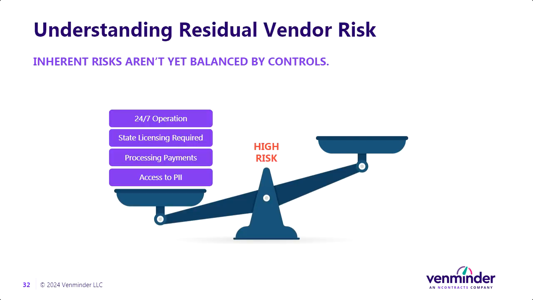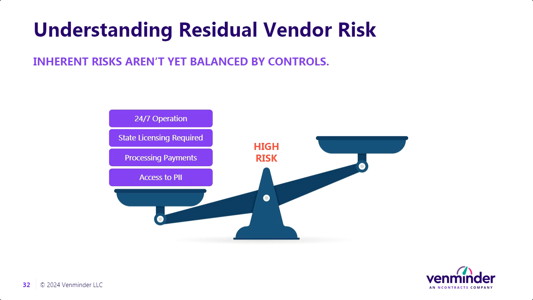Let's look at the visual on the next 2 slides to demonstrate how we're getting to residual risk. What you're looking at in this case is a high-risk vendor where controls are not yet balancing out the high risk. So this vendor has 24/7 operations. They have access to PII, we're processing payments, and they are also required to be licensed in the states where they do business.